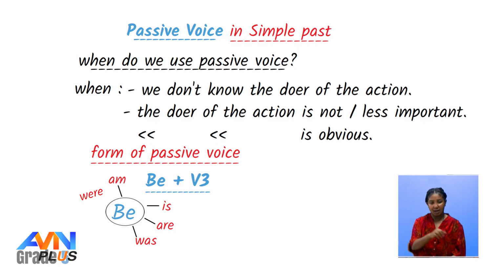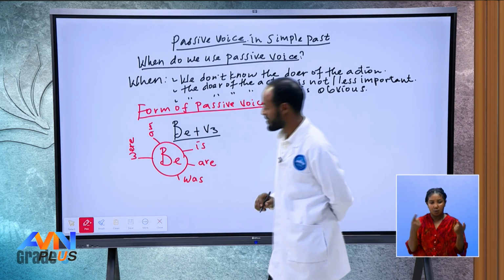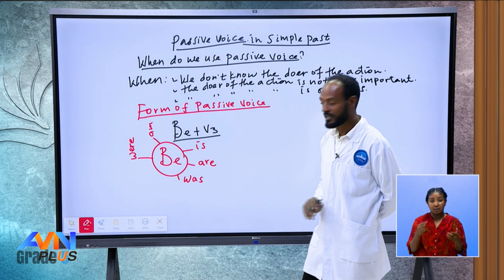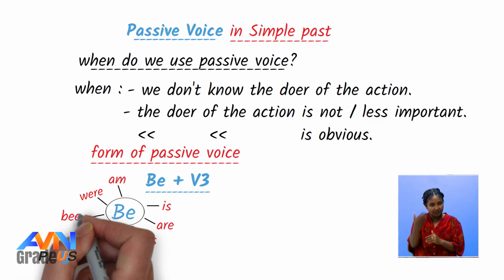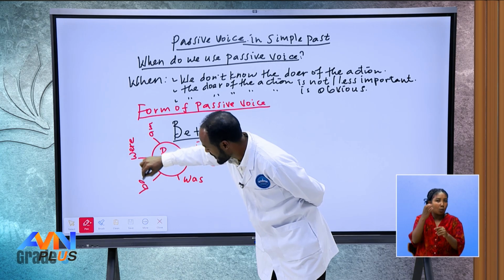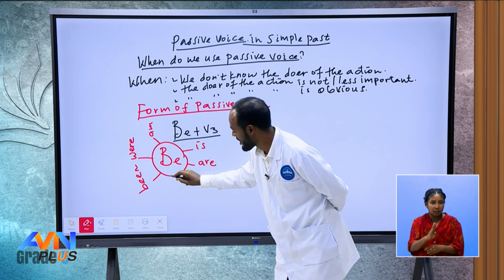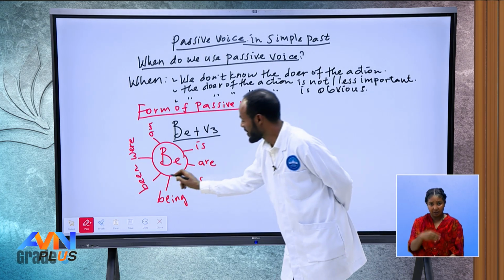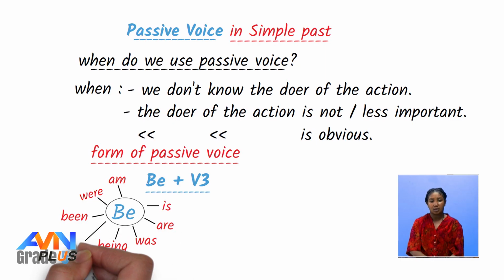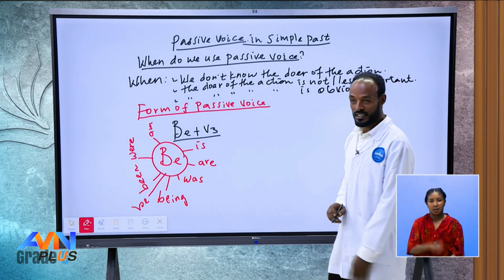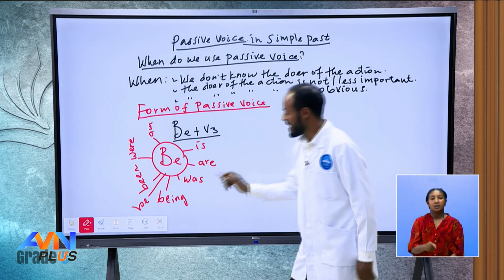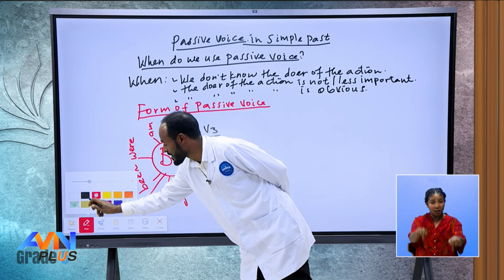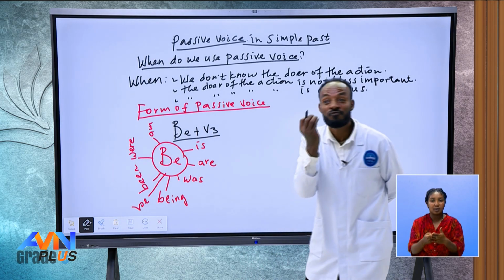And also it can be were. Then maybe in a different concept we can see being, and also we can use be. Is it clear? Nice.